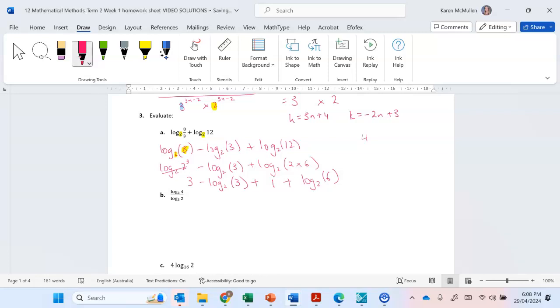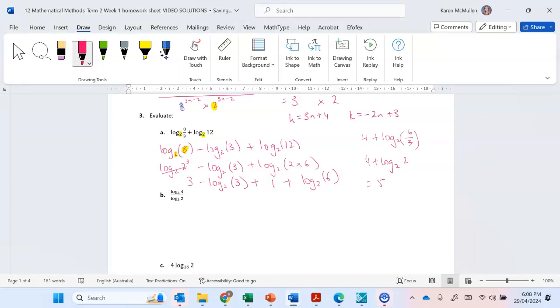And then using my log laws, because I've got the same bases, log base 2 of 6. And because we're subtracting, we're going to be over 3. Oh no, I end up with 5, don't I? I've probably made a mistake there.